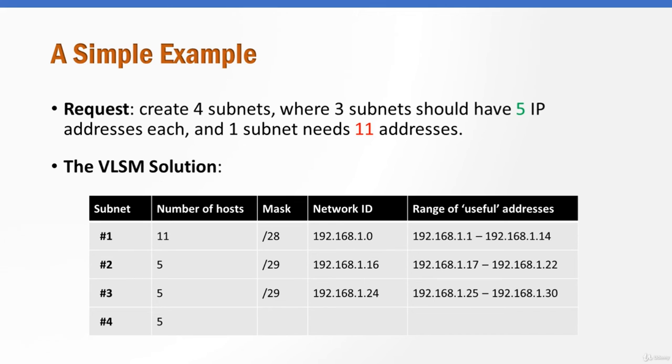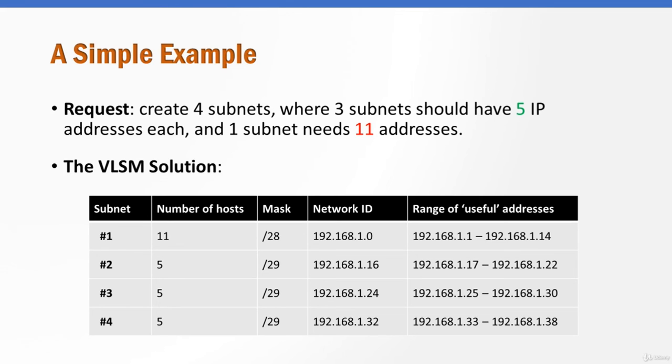And the range is going to go from 25 to 30. And then 31 is going to be broadcast for subnet 3. So the network ID for the 4th subnet will be 192.168.1.32. And the range is going to go from 33 to 38.